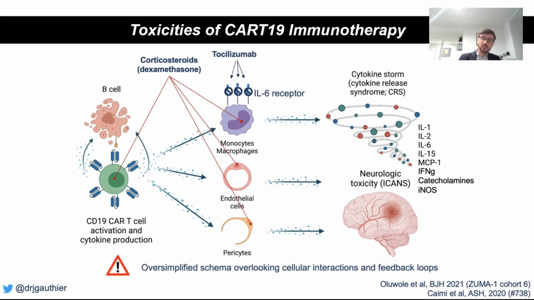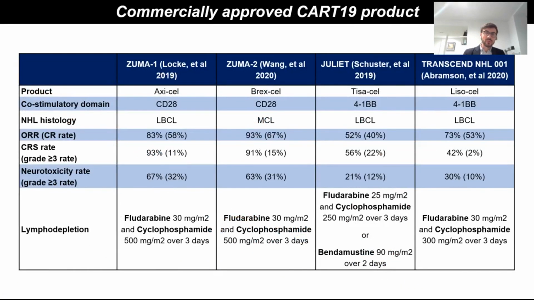So when we compared all the different trials that you can see here, the first 2 are with a CD28 product, the second 2 with a 4-1BB product. As I mentioned, the rate of neurotoxicity is quite elevated. About a third of the patients have severe neurotoxicity with the CD28 construct, while it's about 10% in the 4-1BB co-stimulated.